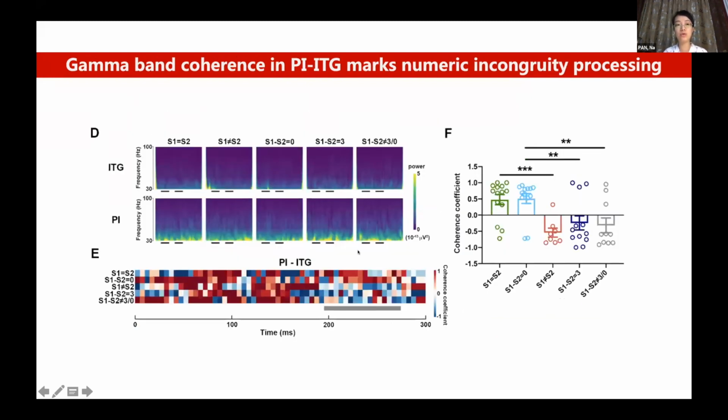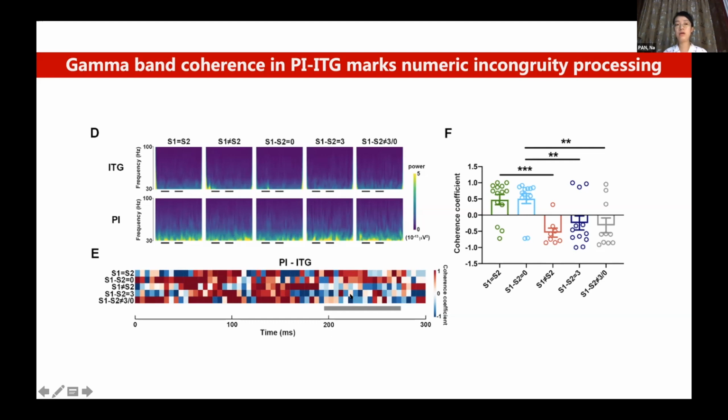We screened all the conventional bands and found that only in the gamma band, the coherence between the posterior insular and inferior temporal gyrus showed a very significant difference between the two situations, S1 the same as S2 versus S1 different from S2.